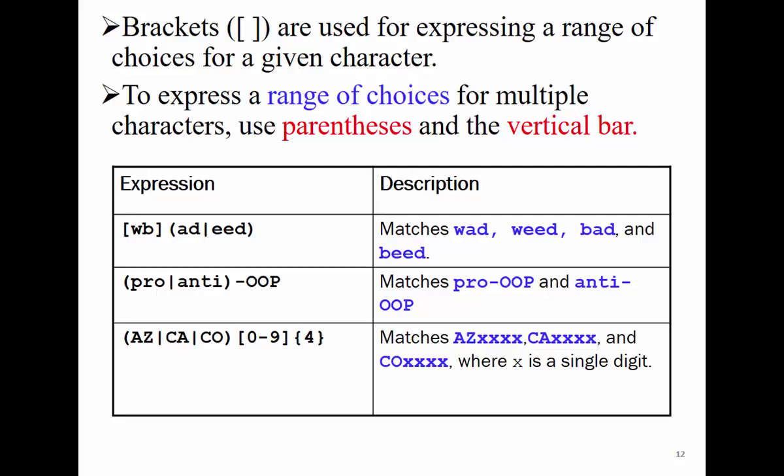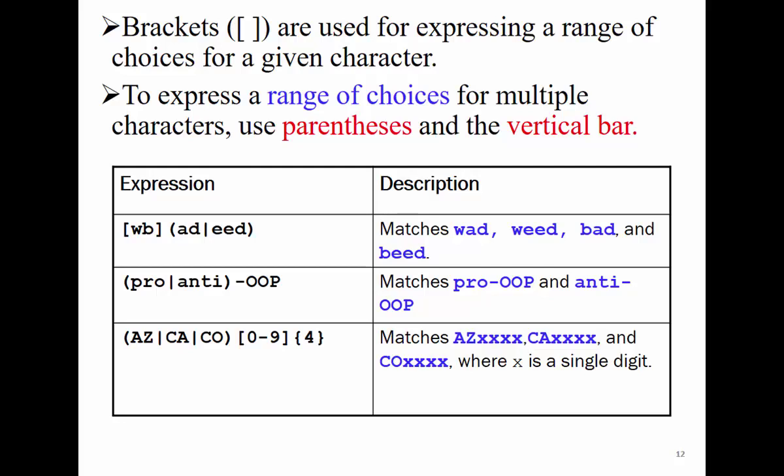4 digits. We're looking for a single digit that appears exactly 4 times. You see, we need a digit that is repeated 4 times. That's why we put the quantifier here. So we are looking for a digit, and we have it 4 times. You see the power? If I don't have this quantifier, what should I do? I would repeat the digit pattern 4 times.